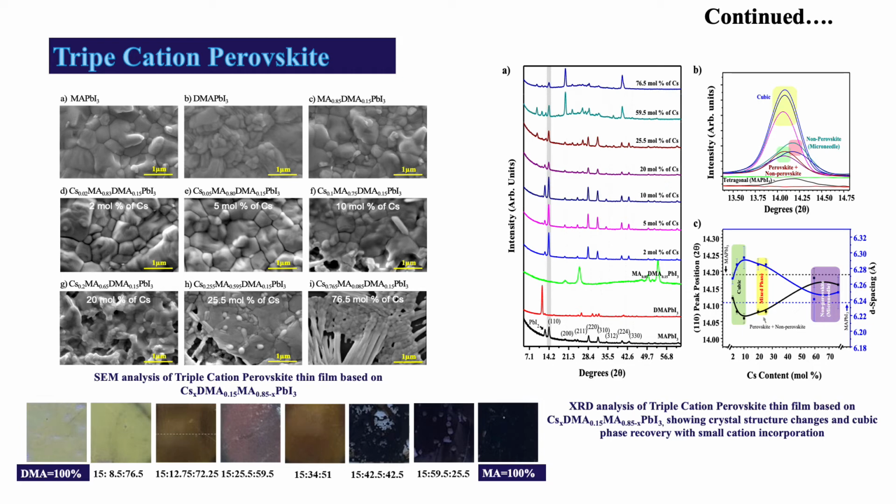So from the initial tetragonal MAPI structure, methyl ammonium lead iodide structure, we notice that up to 10% it's cubic, which is the most stable.